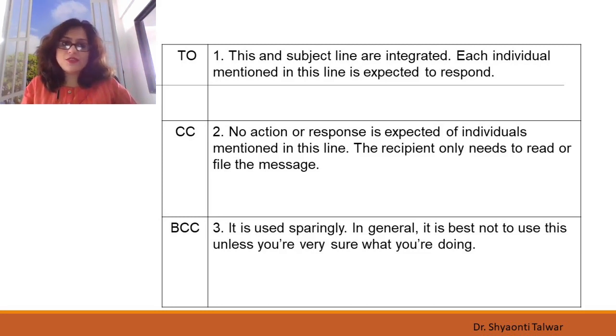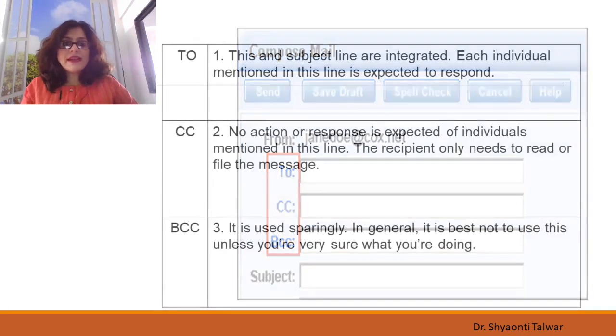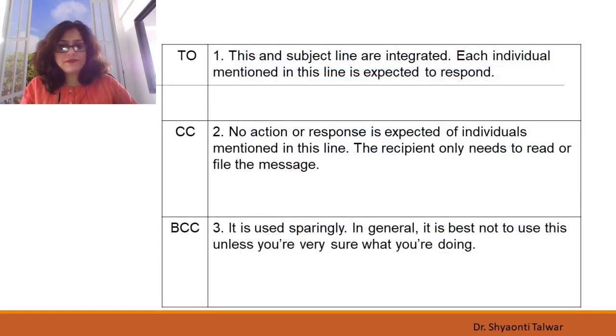They just need to file the message. So you use the CC and you put those email IDs in the CC which you do not expect a response from. So you're just keeping these people informed, you're keeping them posted about your communication with those you have put in the To column. Now let's understand what is BCC.